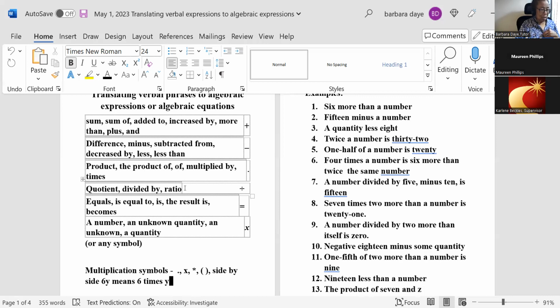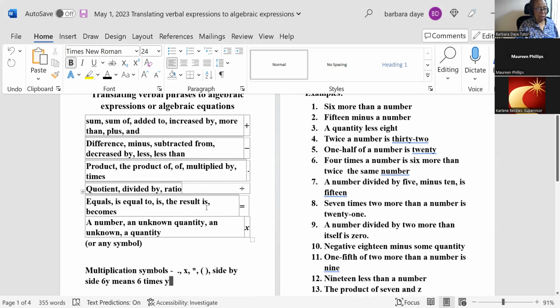Here's a division symbol, but you could also use a slash, or the dash when you write the fraction. So there are three ways you can represent division. Now, of course, equals is just the equal sign, but in these verbal phrases, is means equals. Is equal to means equals.